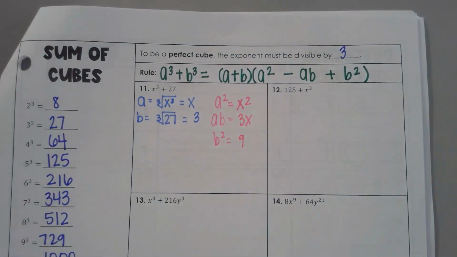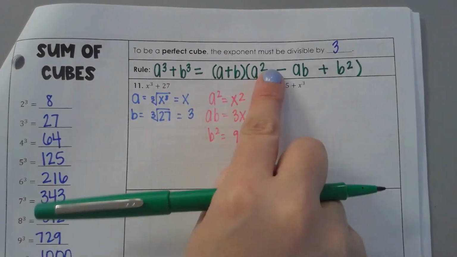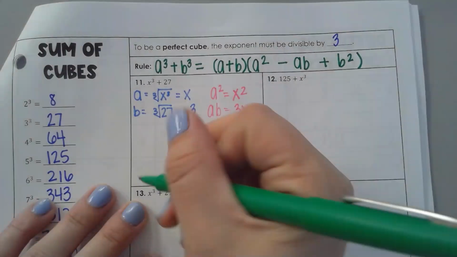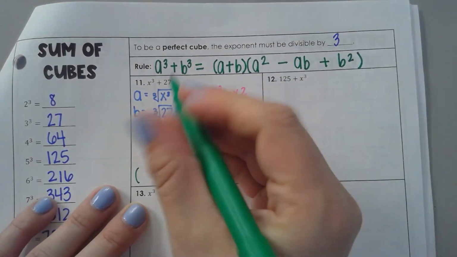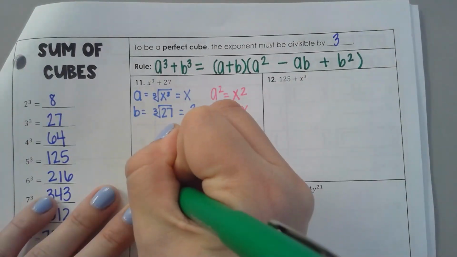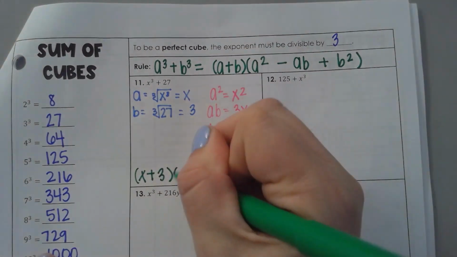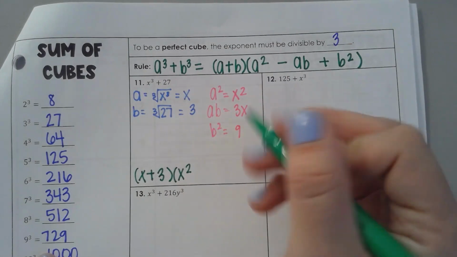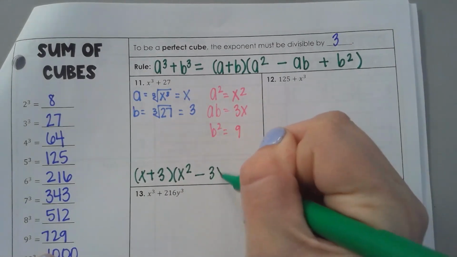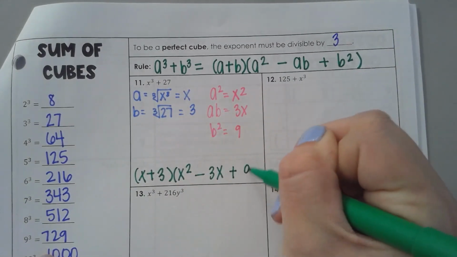Then you just put that together and make sure you follow through with these signs. So it's x plus 3, x squared minus 3x plus 9.